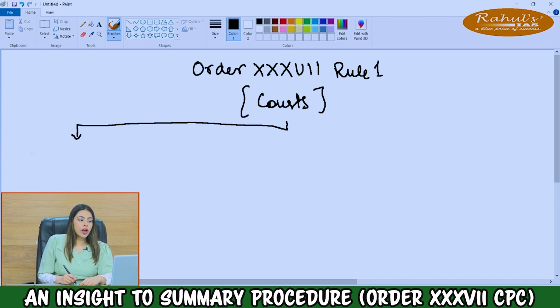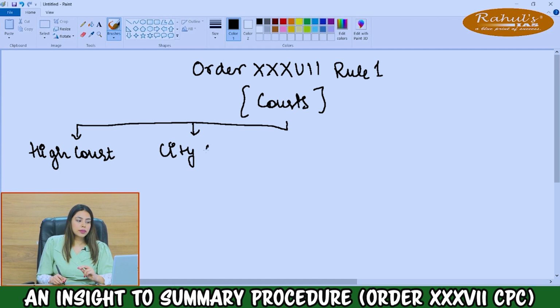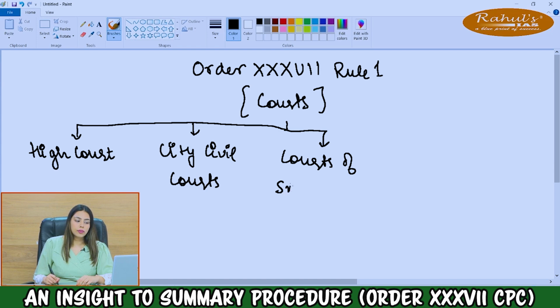So the first one is High Court. Second is City Civil Courts. Next is Courts of Small Causes. And the last one is Other Courts.